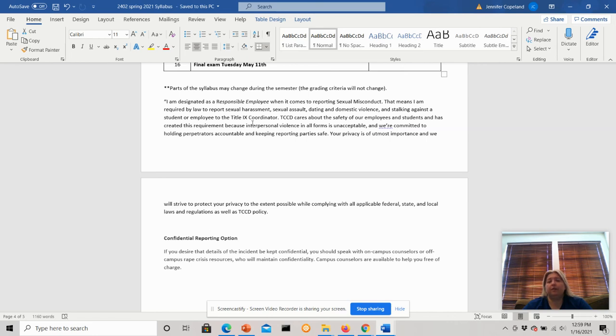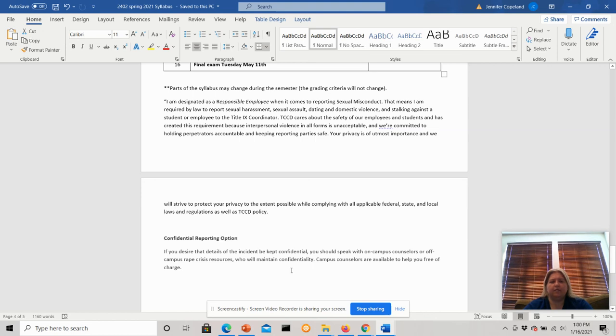Because interpersonal violence in all forms is unacceptable, and we're committed to holding perpetrators accountable and keeping reported parties safe. And then your privacy is going to be of the utmost importance, and it is going to be really important for us to try to protect your privacy to whatever extent as possible, while complying with all federal, state, and local laws, as well as TCCD policy.